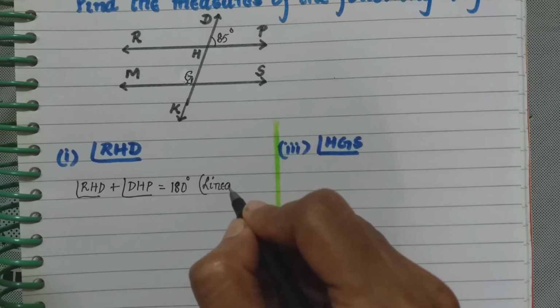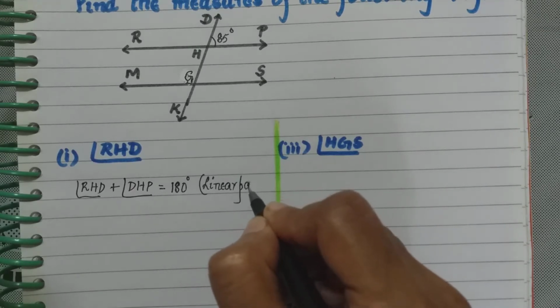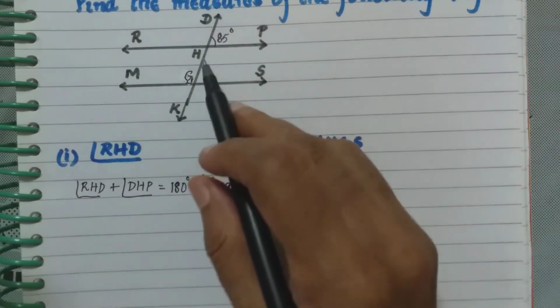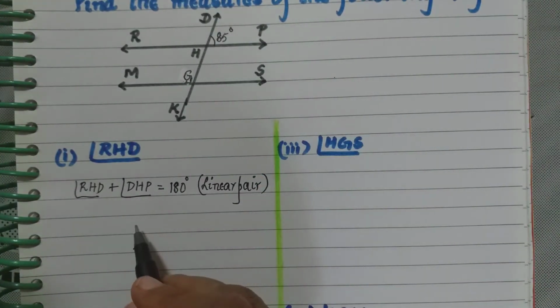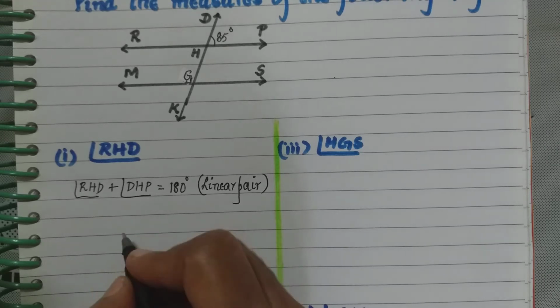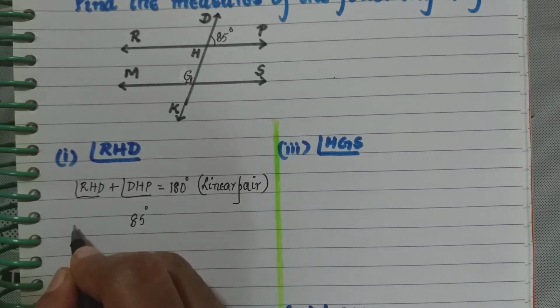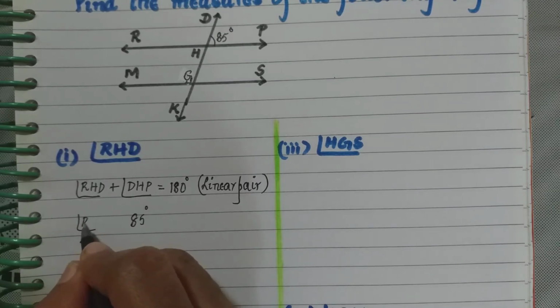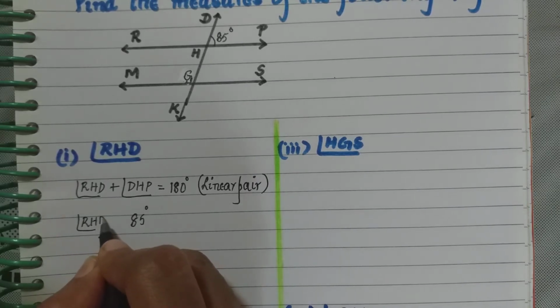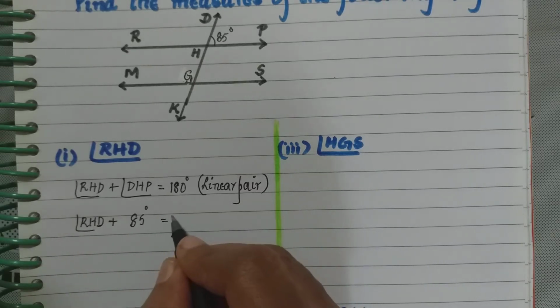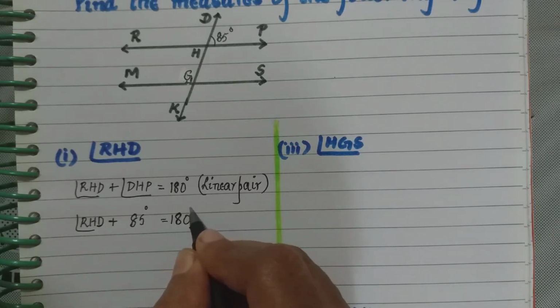So we write here linear pair. Now we know the measure of angle DHP is 85 degrees. So in place of angle DHP, I can write 85 degrees here. Angle RHD plus 85 degrees is equal to 180 degrees.